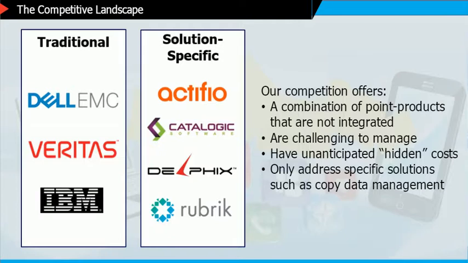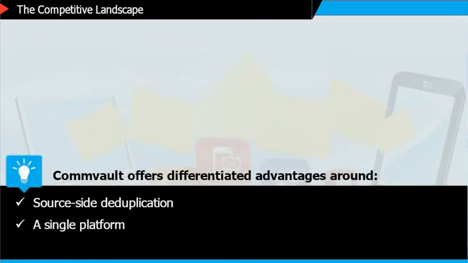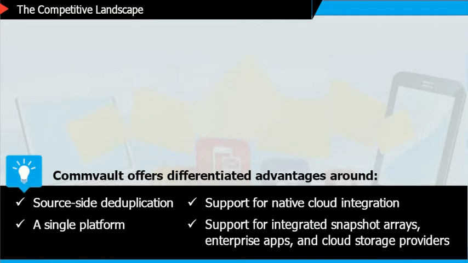Commvault offers differentiated advantages around source-side deduplication, having a single platform, supporting native cloud integration, and having industry-leading support for integrated snapshot arrays, enterprise applications, and cloud storage providers.